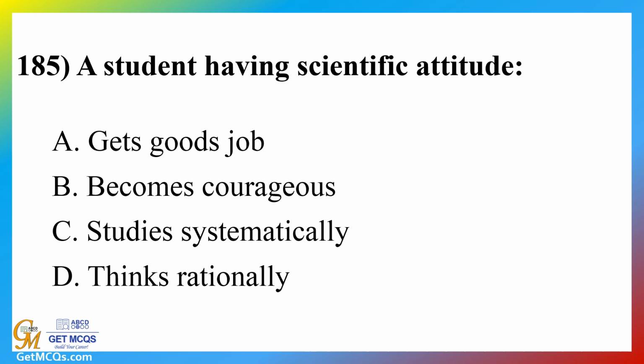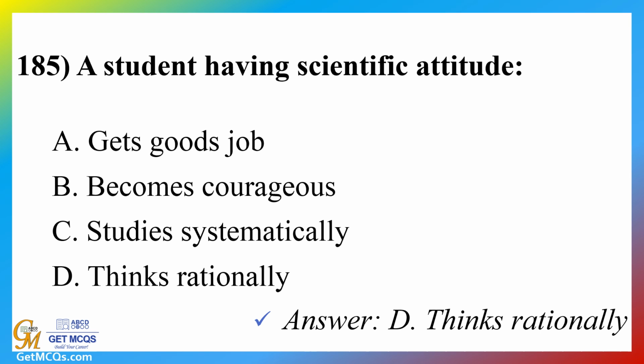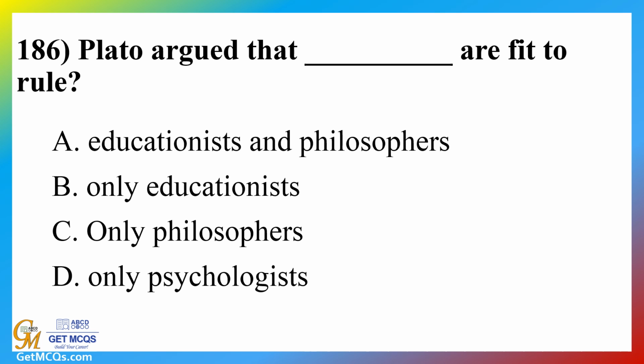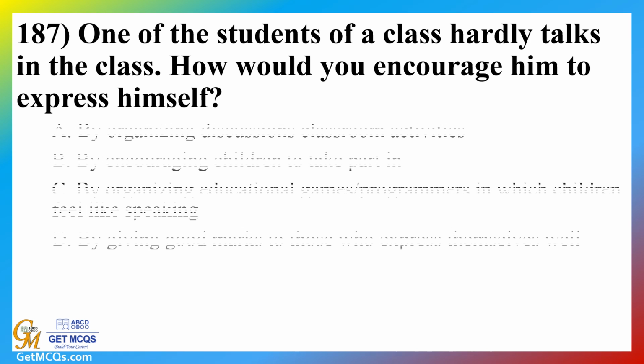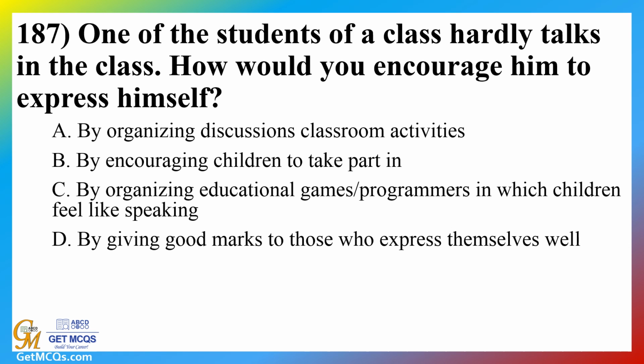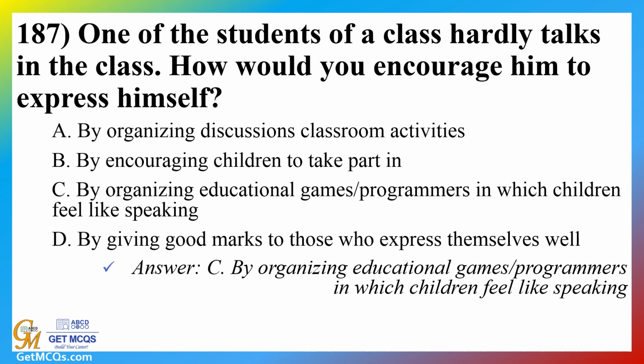185. A student having scientific attitude. Answer: D. Thinks rationally. 186. Plato argued that are fit to rule? Answer: C. Only philosophers. 187. One of the students of a class hardly talks in the class.